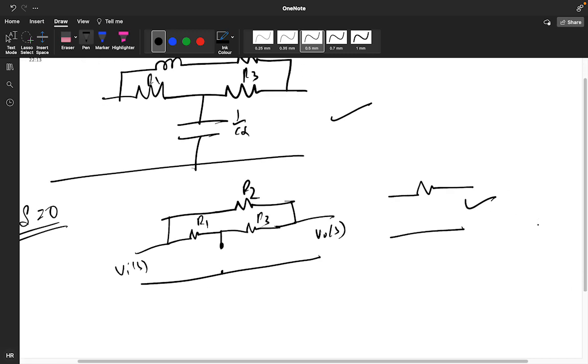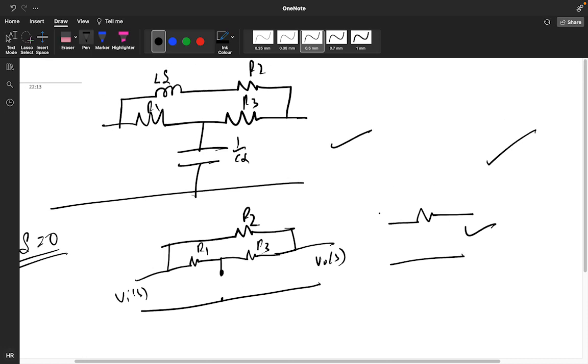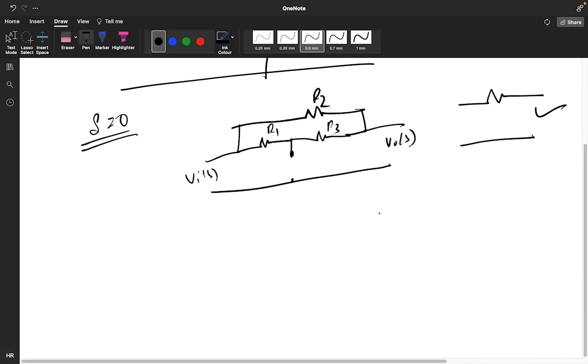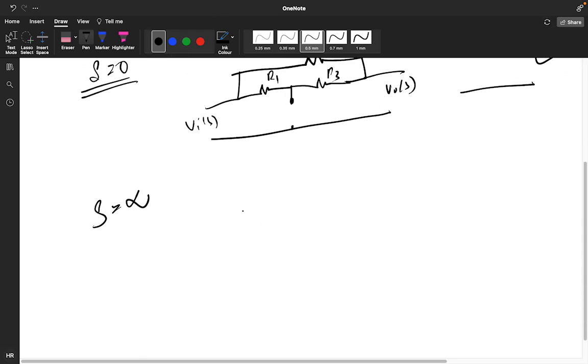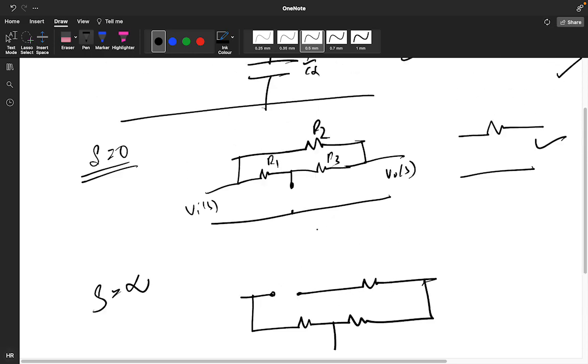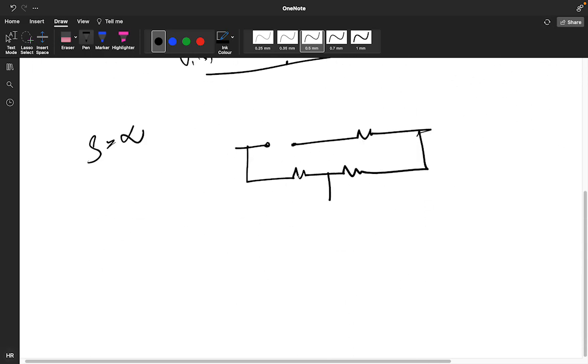So we are getting an output at low frequency. But when you put s equals infinity, what will happen? The inductor will get open, and the capacitor will become a short circuit.